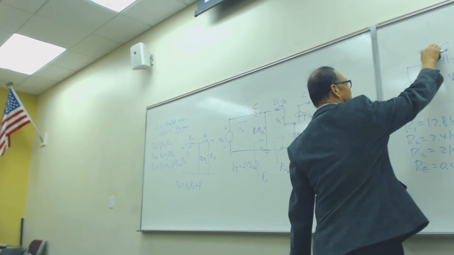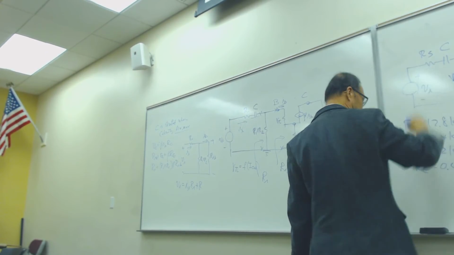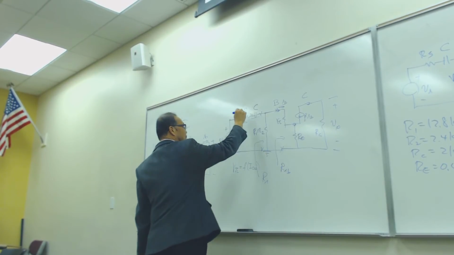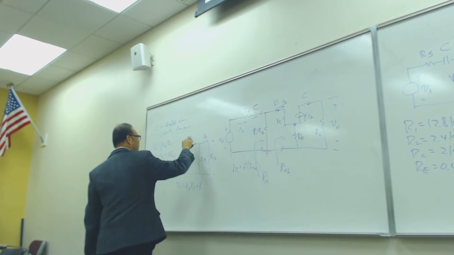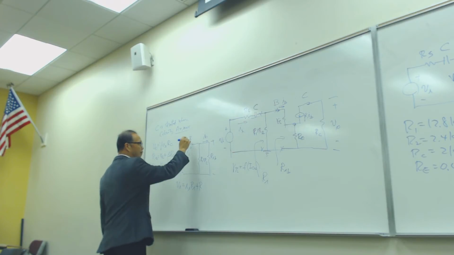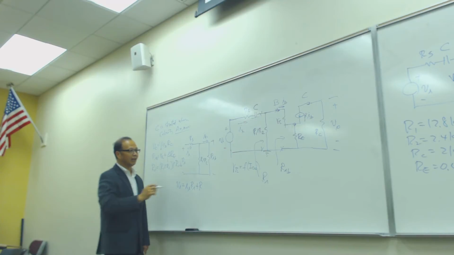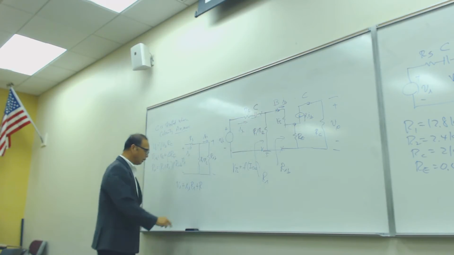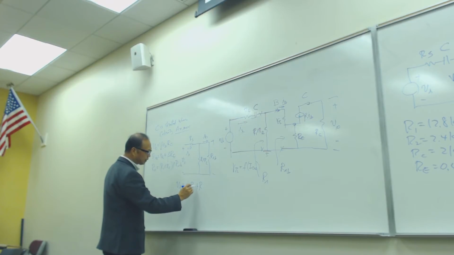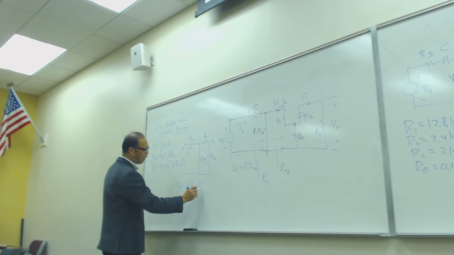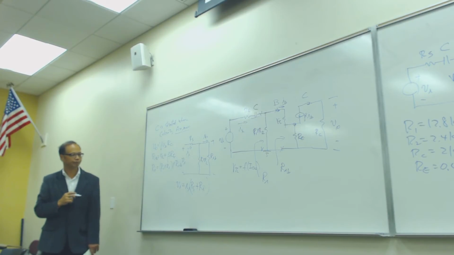This should be called R sub S. So V sub I is also R sub S plus R sub I, okay.